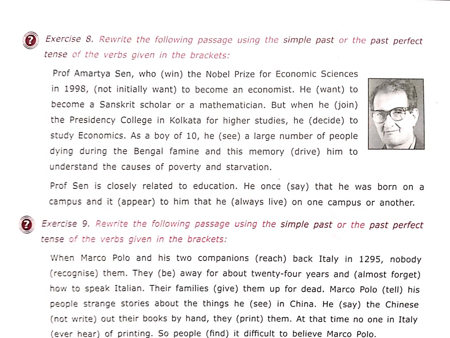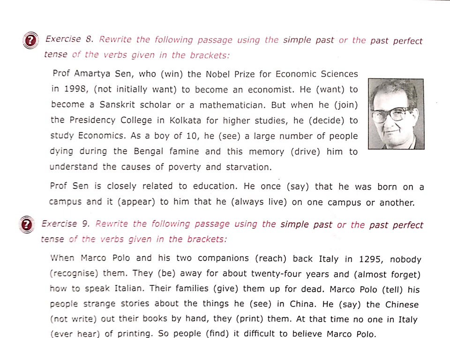Go to the ninth exercise. Rewrite the following passage using the simple past or the past perfect tense of the verbs given in the brackets. Same, children. When Marco Polo and his two companions reach dash back Italy in 1295. So what do you write there? This time is given, so we'll write reached.